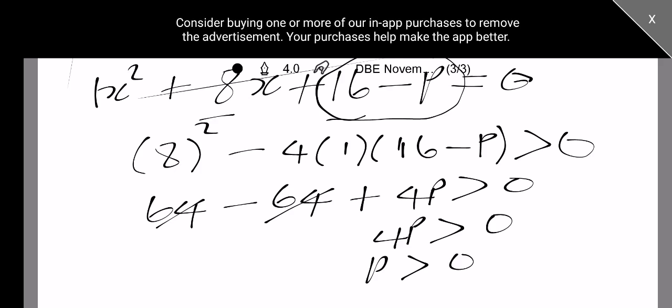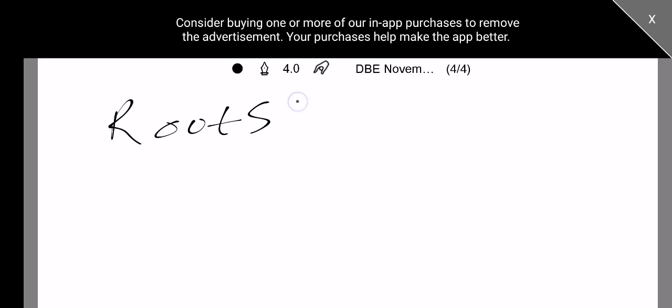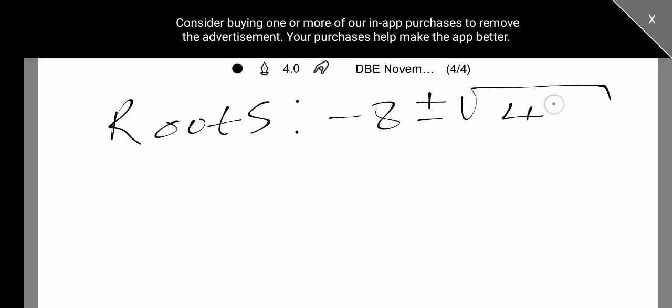We are not yet done. We've only shown for real and unequal roots. Now therefore it means that these are our roots: negative 8 plus or minus the square root of 4p.